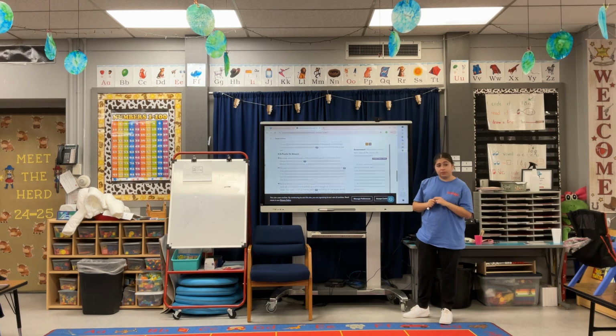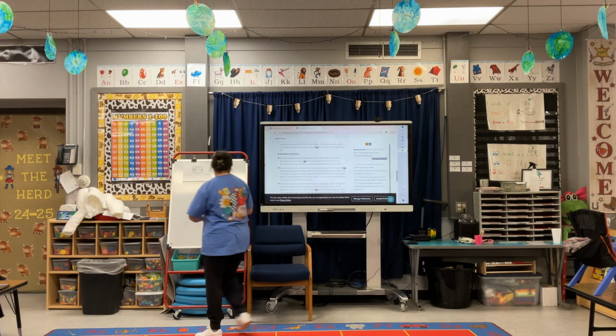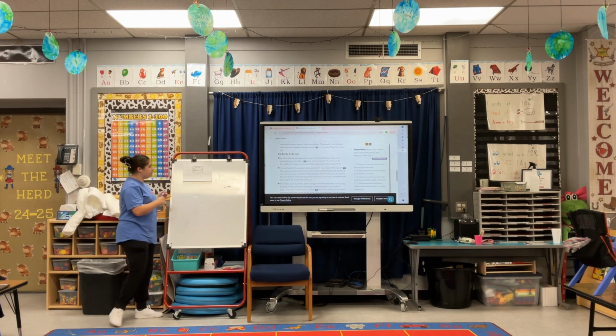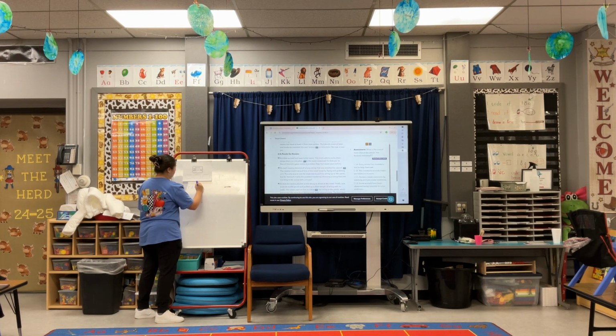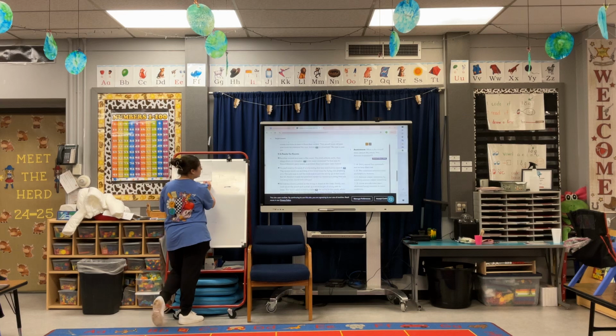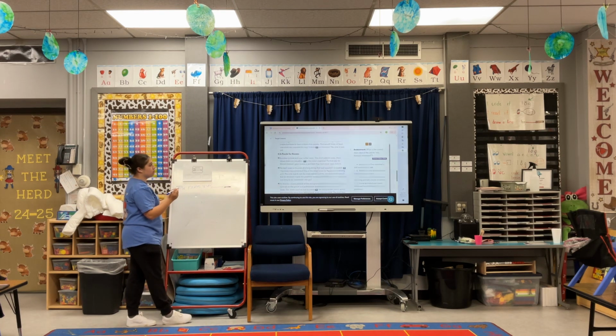So table 3, you're going to look at your chart and you're going to tell me about the main idea for the ravens and the 3 supporting details, okay? So I'm going to start off with the sentence stem. So what did the raven use?